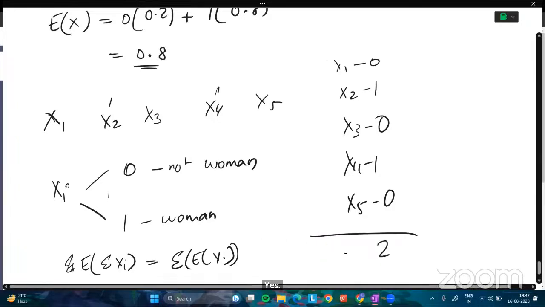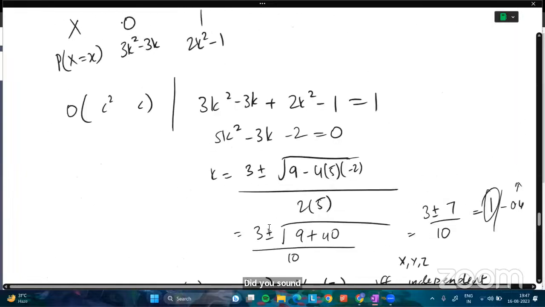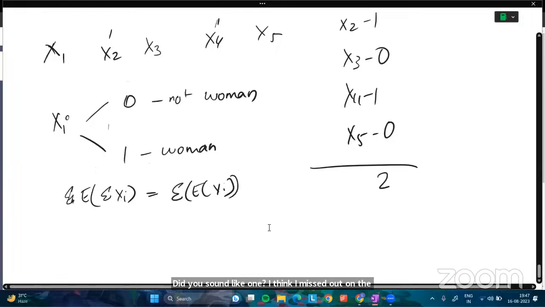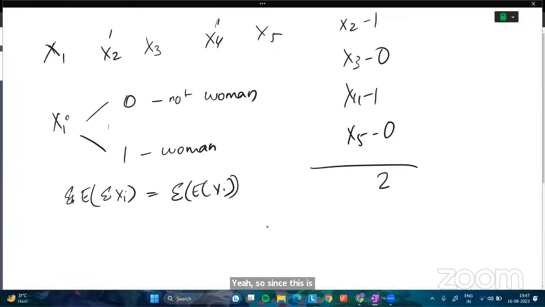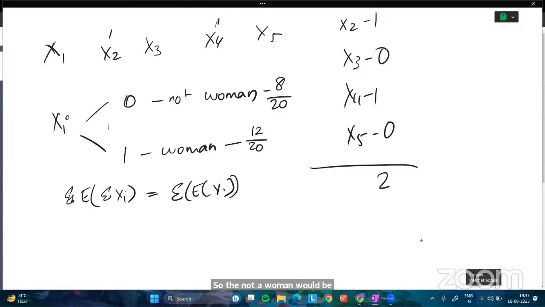Can I just solve it once? I think I missed out on the Bernoulli part. Since this is a Bernoulli distribution, the probability of success is 12 by 20 because there are 12 women and 8 men. So the probability of not a woman is 8 by 20.